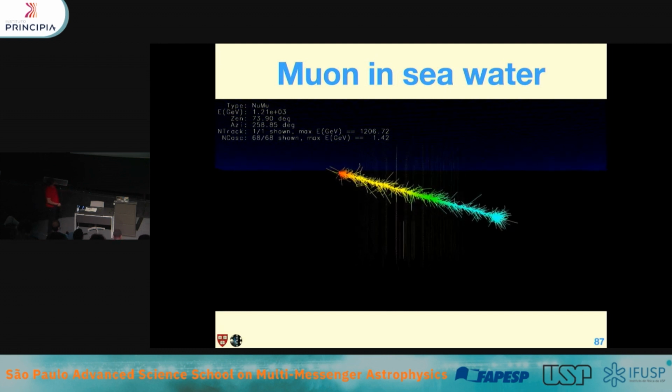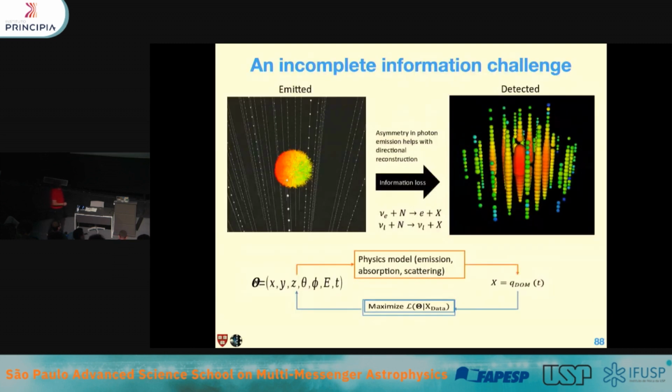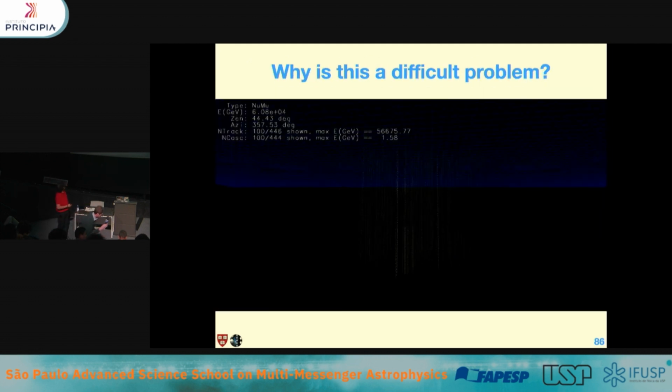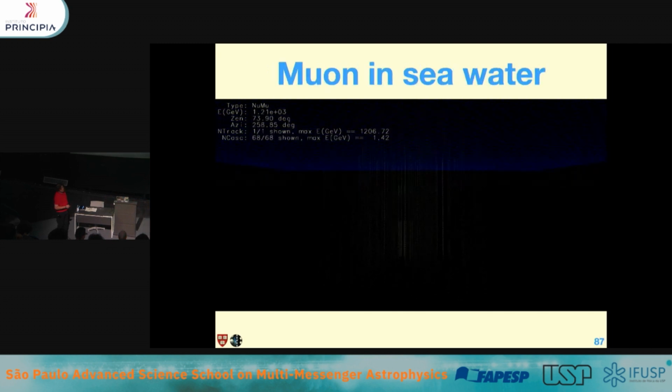Good. So the way you resolve these events is you have some kind of physical hypothesis. Yes. Somebody? Between the first two illustrations? Between which? So this one? Between the first two. This?